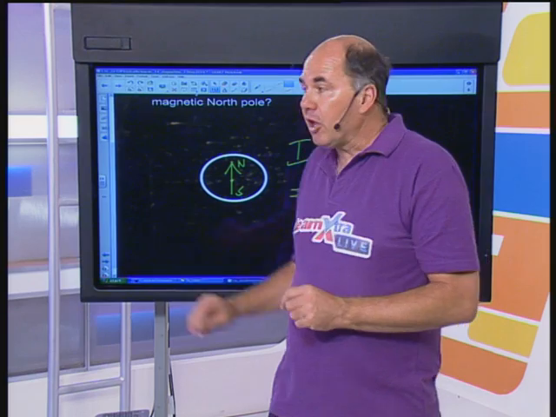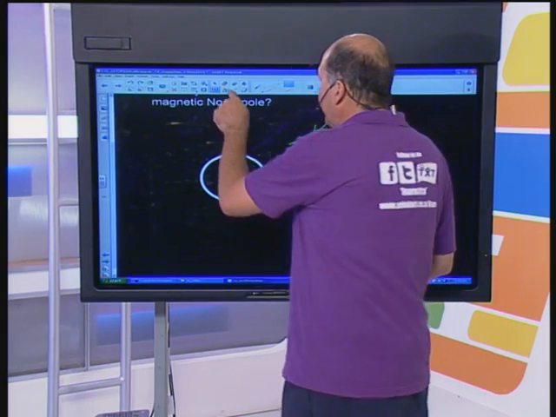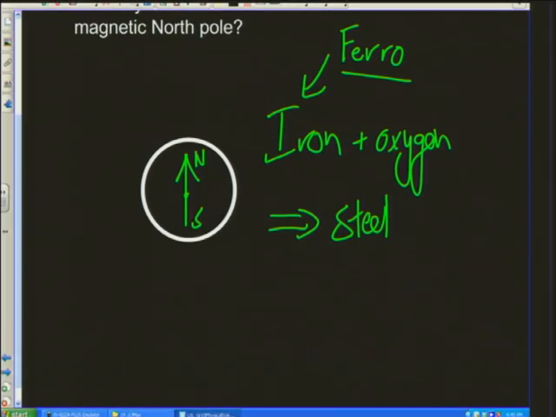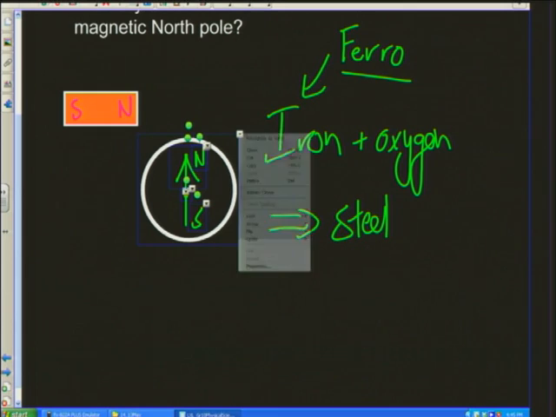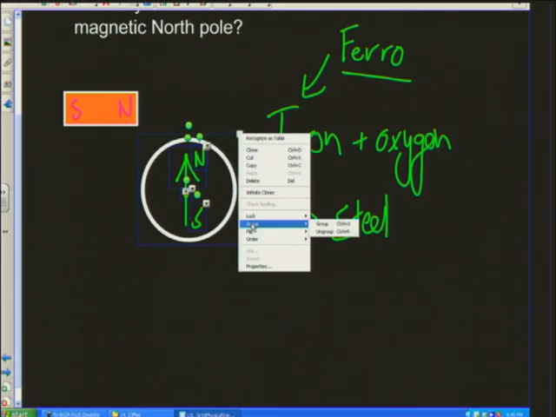Okay? If we bring a bar magnet close to one of these, and we make the bar magnet that to be a north and that to be a south, then our little compass needle, that whole compass needle, is going to do something quite interesting.